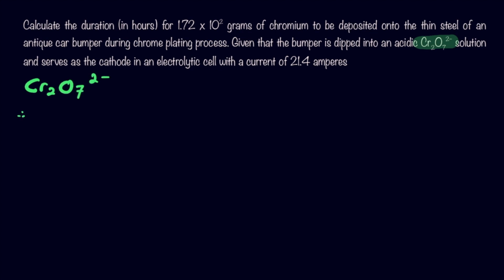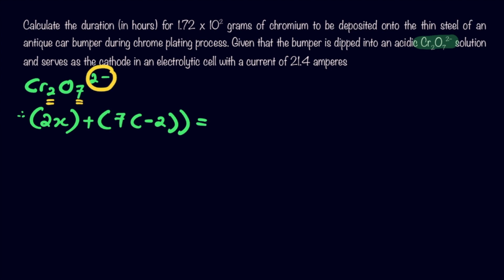Therefore, we want to calculate the Cr, which is 2x, because we have 2 here, and then we need to add the oxygen. Oxygen is a constant value. Because we have 7 oxygen here, 7 times oxygen, which is always negative 2, should be equivalent to the charge of the ion, which is negative 2.